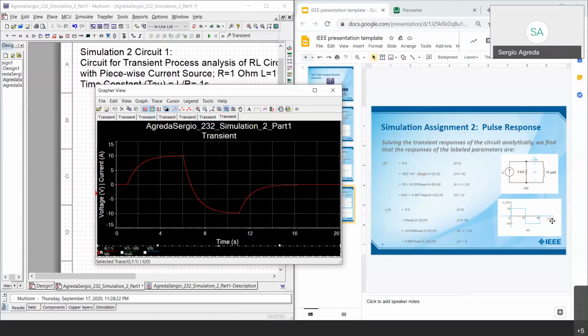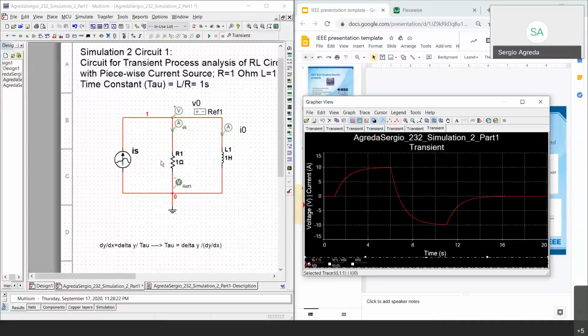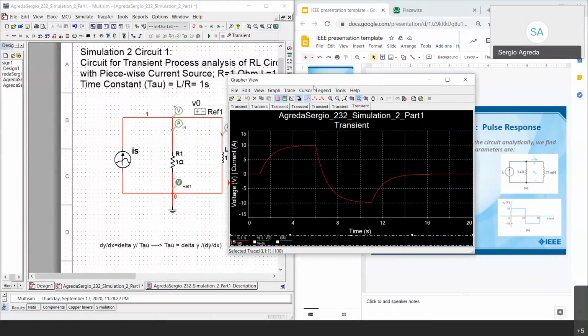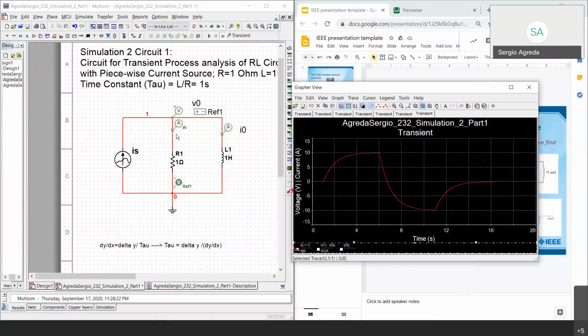Once it flips back to 0, it just decreases because it gets dissipated by the resistor. At that point, in the interval from 11 to infinity, all you'll be seeing is just the inductor and the resistor functioning.